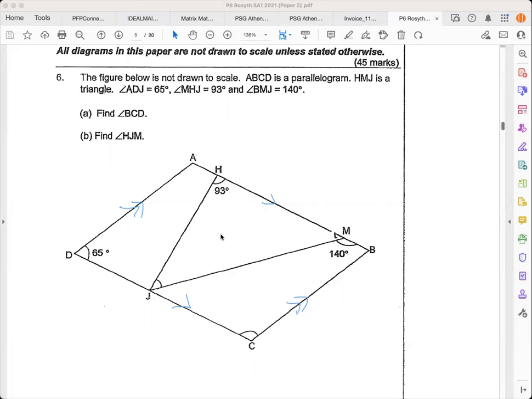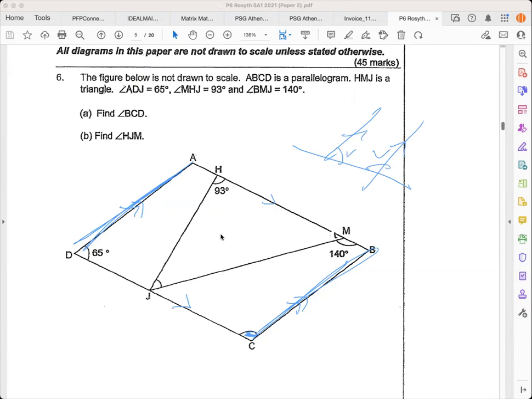Find BCD. So where is BCD? We're talking about this angle. So BCD is, notice this is a parallel line, right? So the interior angle of a parallel line add up to 180 degrees. So this plus this is 180 degrees.